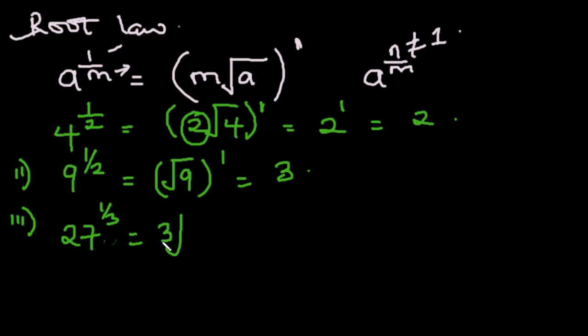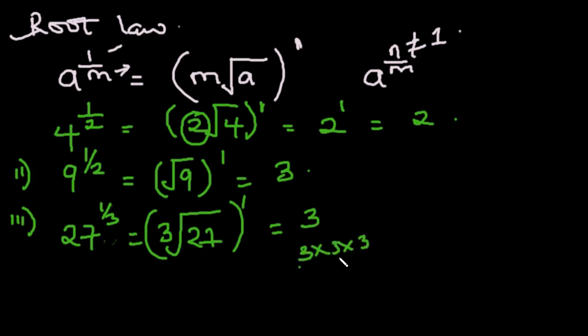So now I have to write the 3. It's only when we are writing square root that we don't include the 2. So now I have 27 raised to power 1. Cube root of 27 is 3, because what will you multiply in 3 places that will give you 27? It is 3, because 3 multiplied by 3 multiplied by 3: 3 multiplied by 3 is 9, multiplied by 3 equals 27. So the cube root of 27 is actually 3.